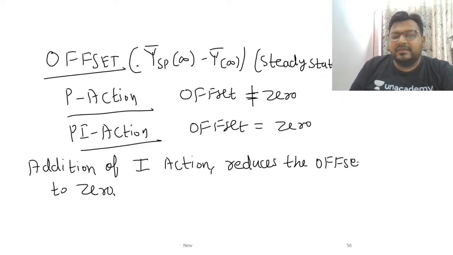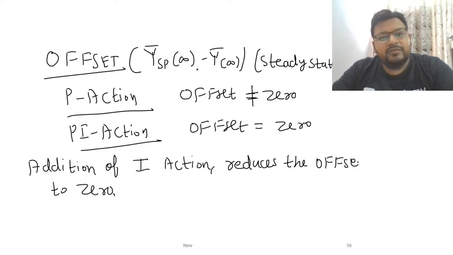This is the value that is desired, guys, and this is the value that you control. So when your controlled variable becomes equal to the desired variable, then offset will become 0. And ideally you don't want any offset; you want your offset to be 0. In life also, whatever we want, we should have it. If you want a BMW and you are having a BMW, your offset is 0.